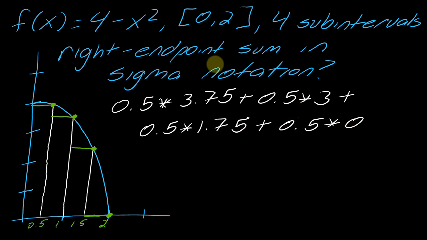So this should be something you understand, the basics of this calculation. And now here's the part where I want you to think and pause for a second. Can you represent this sum in sigma notation? I'll give you a hint. You're going to have to actually use the function as part of your notation to figure out how to represent this. So I want a nice sum. I'll even get this started for you.